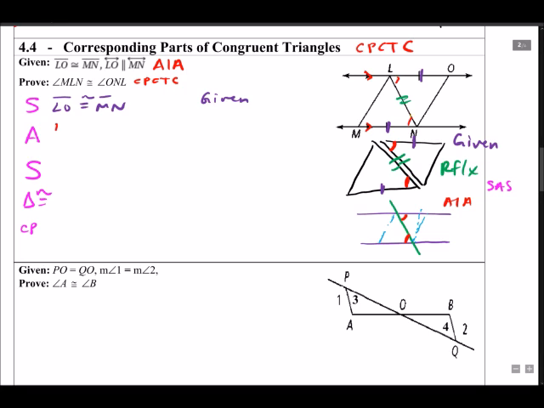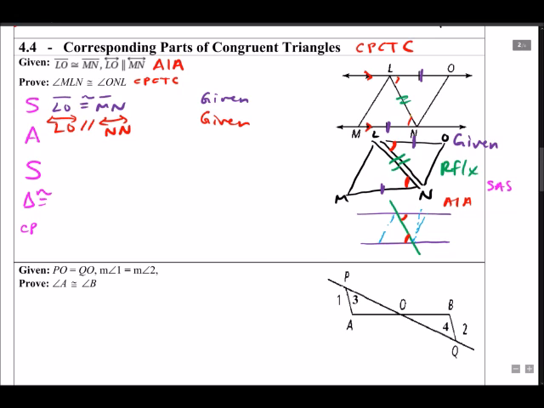First step is we were told that these lines, line LO and line MN, are parallel. That's given to us. And then that lets us say that these angles are congruent. Oh, I'm a terrible, terrible person here. I did not label my triangles. How could you let me get away with that?